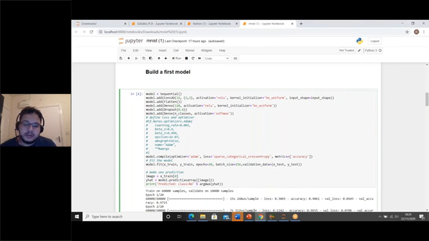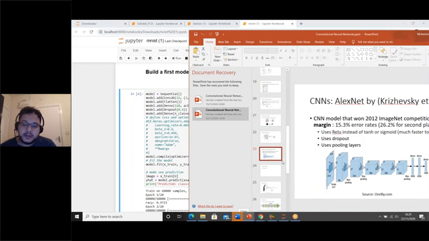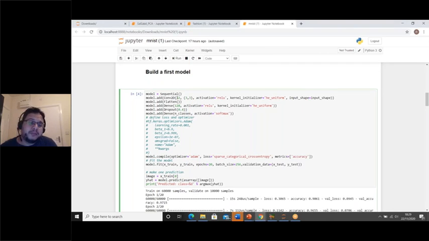If we look at the example, here we will get 32 in this. How many neurons are we going to use here? 32, it means 32 different shapes. Activation equal Relu is very simple. Don't worry about the kernel initializer, which is how we initialize the weights.